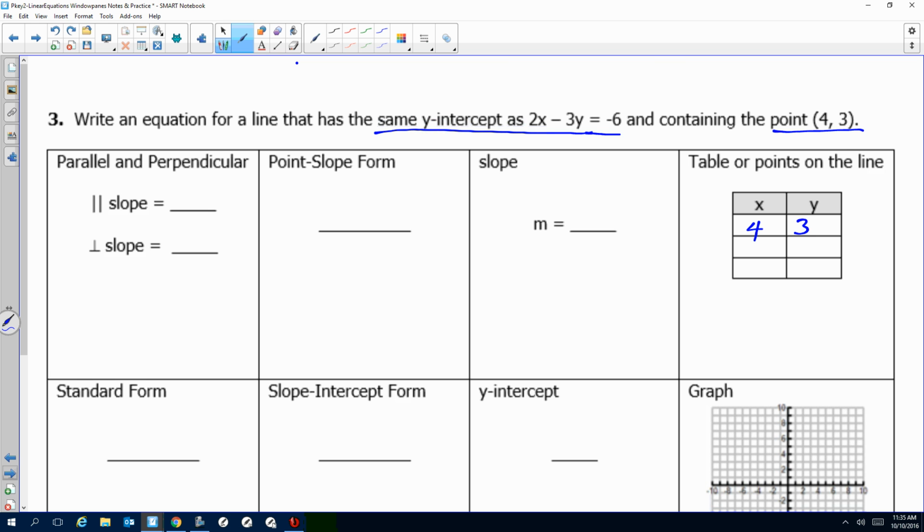So because we're wanting the same y-intercept, you need to figure out what that y-intercept is from the equation. That means that every time we have a y-intercept, the x is 0 and then b, the number. So if I want to find the y-intercept to this equation, that means x has to equal 0. I have to plug that in for x and then solve for y.